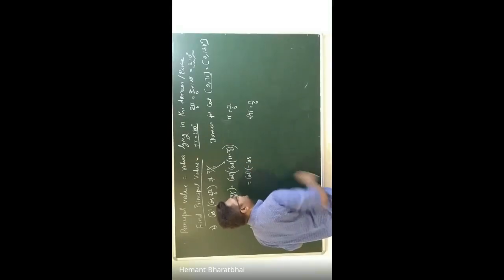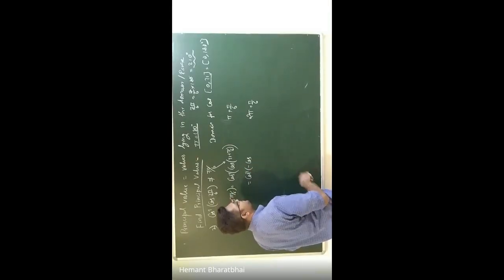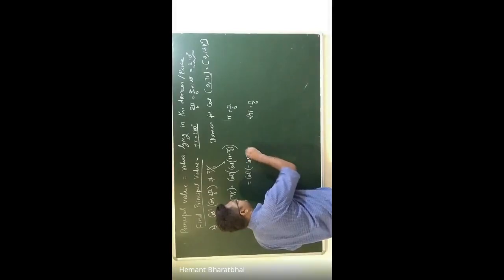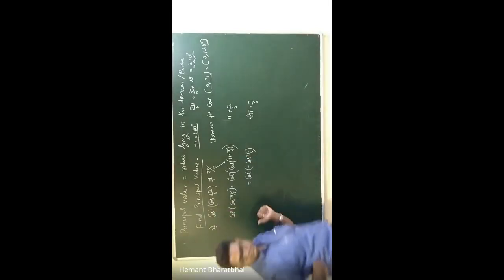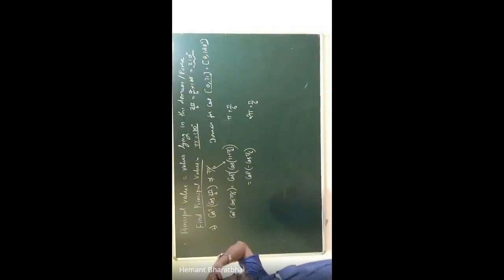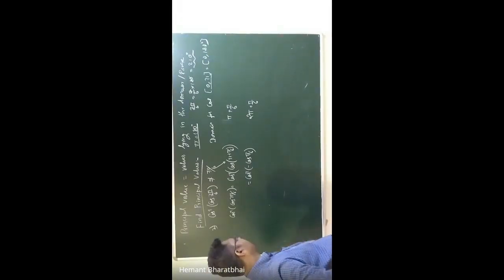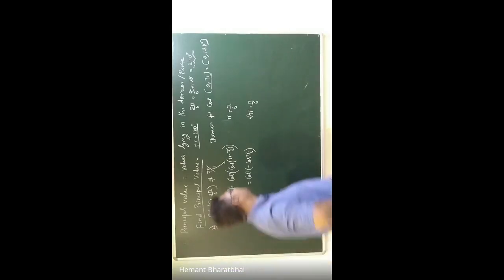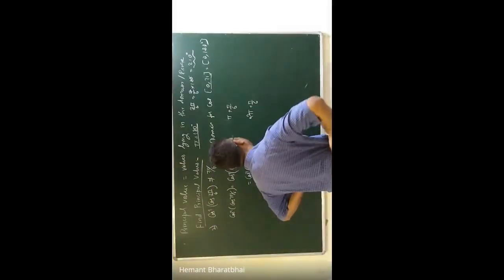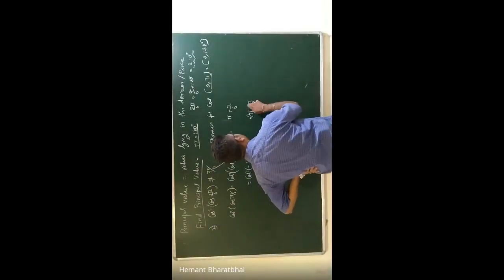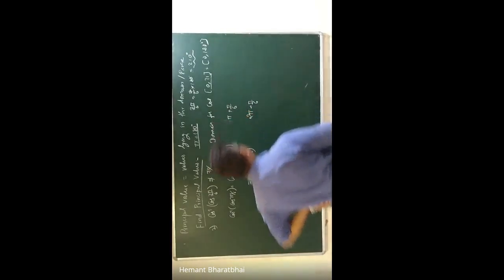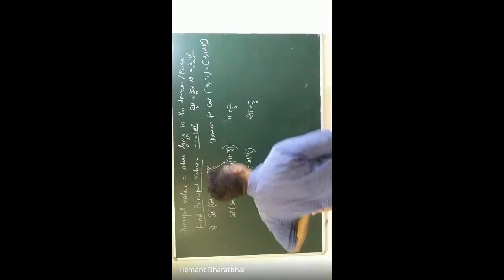So I'll get minus cos of pi by 6, so cos inverse of minus cos of pi by 6. Or if I write 2 pi plus pi by 6, I'm not going to get it, and 2 pi minus pi by 6, then also I'm not going to get it. I have only this option.